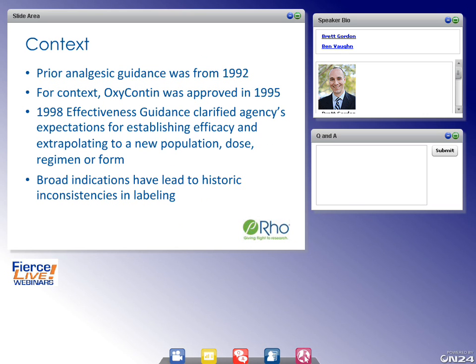And what had happened was there were very broad indications for some of these previously approved products. For example, NSAIDs are labeled for pain rather than anything more specific. And so the motivation for this guidance is to get into more specific indications for what the product has really demonstrated to be efficacious for.